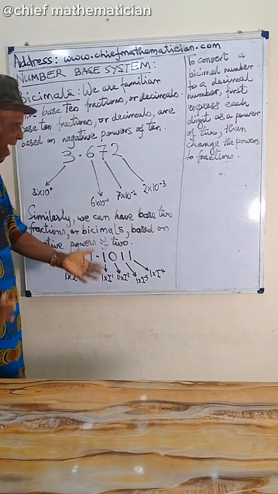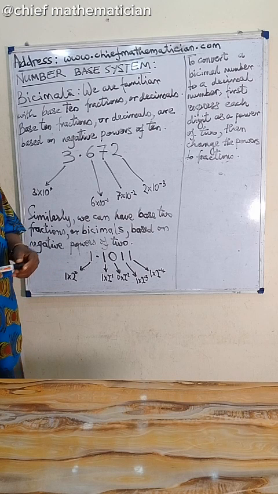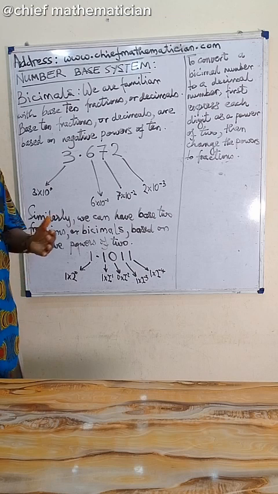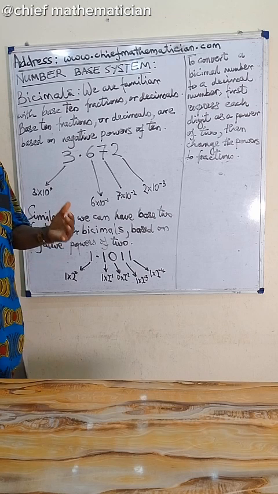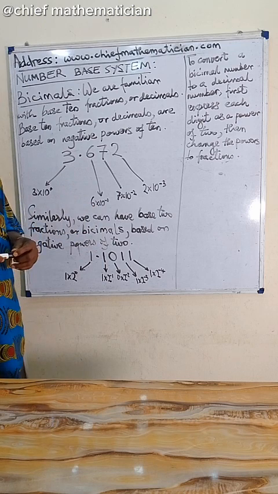Now, we can carry this idea to base 2 to talk of bicimals. We now want to talk of bicimals, following the close example of what we discussed in decimals.